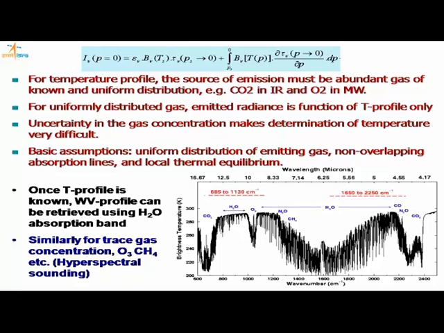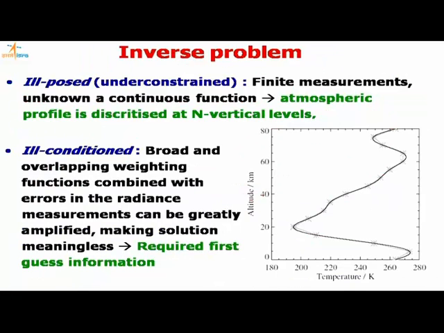But the inversion of these equations becomes ill-posed, or under-constrained, because the atmospheric profile is not discrete, it is continuous. Temperature is a continuous profile in the atmosphere, and similarly humidity profiles are continuous. So we have an infinite number of unknowns, whereas the known quantities, the radiance measurements, are finite.